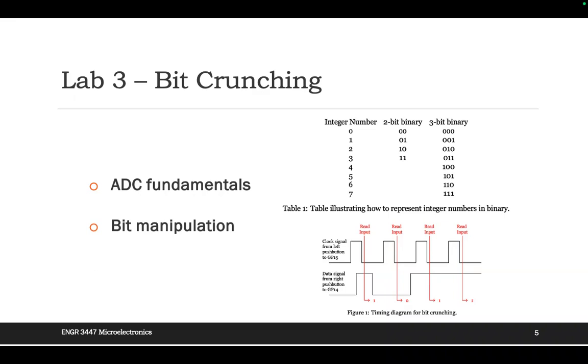But I think this is not that lab. This is lab 4. This one is just where we try to build some binary numbers. We use two different methods to build the binary number. What are those two different methods?